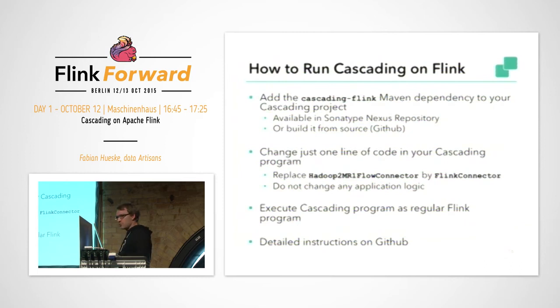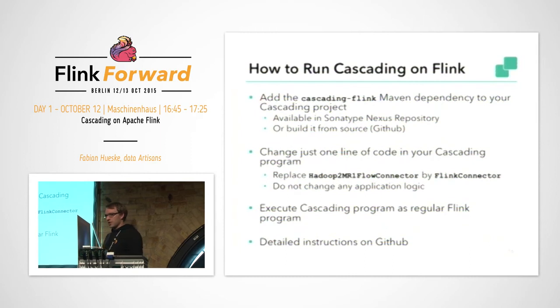In case of MapReduce, there is the Hadoop 2 MapReduce 1 flow connector, and you just replace it by the Flink connector, and then it will compile the Cascading flow into a flow which is executed as a Flink program. This also means that you don't have to touch the application logic, so the Cascading program stays exactly as it is. And you then execute the Cascading program just like any other regular Flink program.